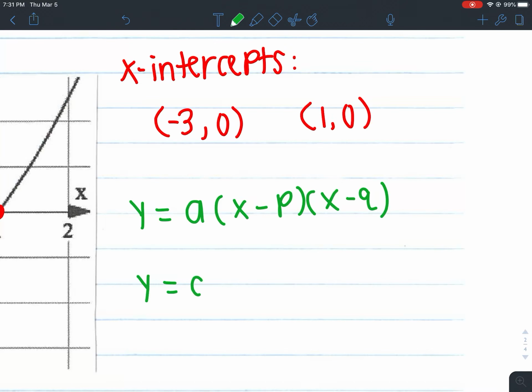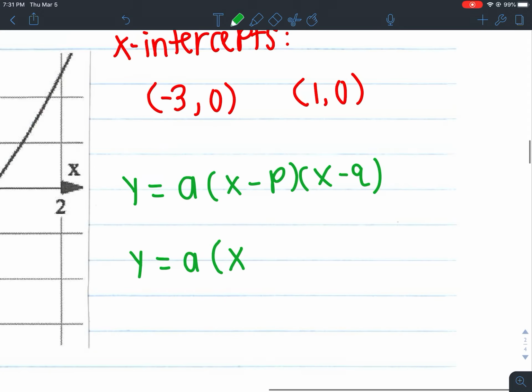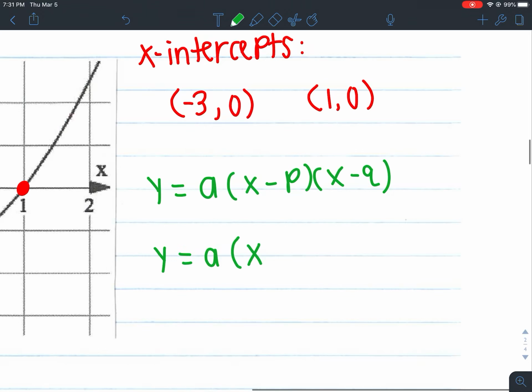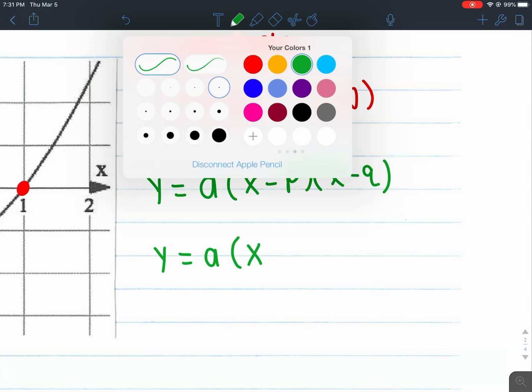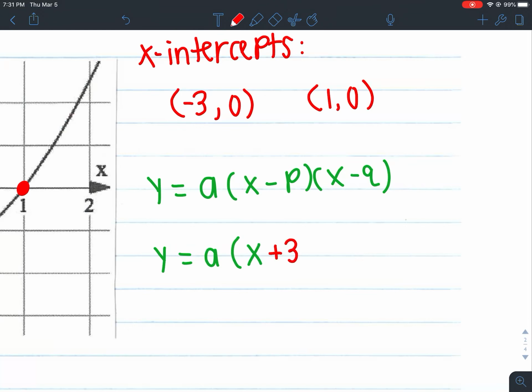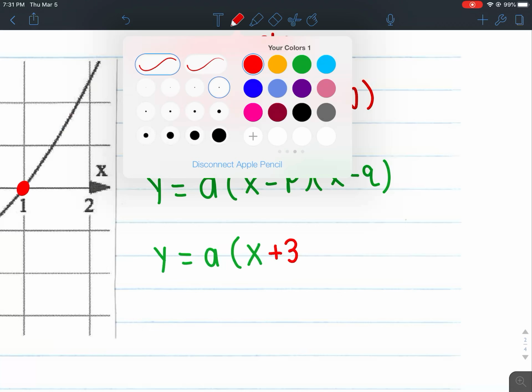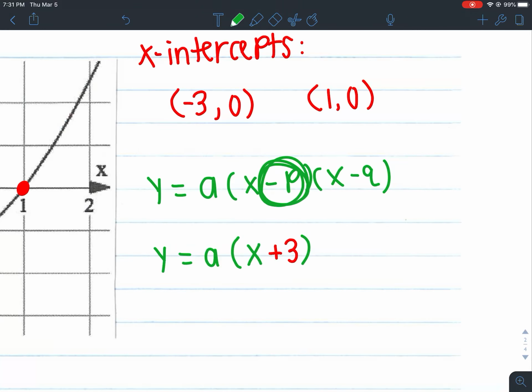I have y equals A, parentheses, x. Well, what's one of my p? Is it 1 or is it 3? It doesn't really matter the order. I'm just going to go ahead and do the 3 first. If you want to write the 1 first, you can. So one of my x-intercepts is negative 3, but I'm doing opposite signs, so I'm plugging in positive 3 for p.